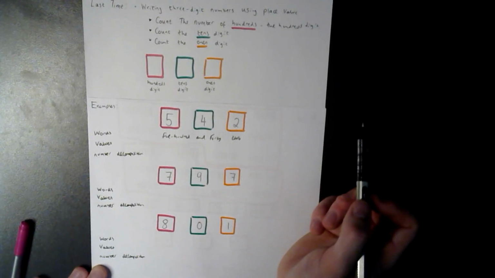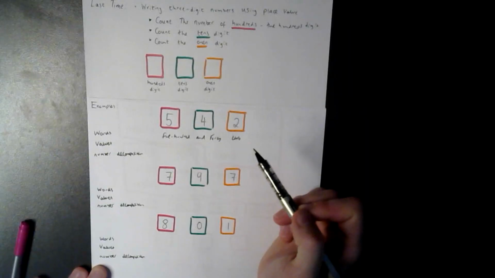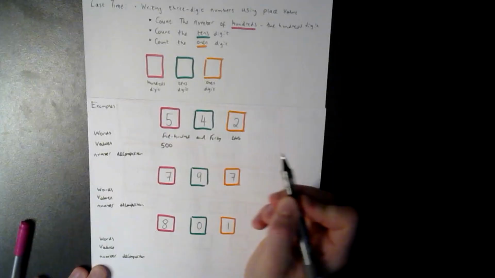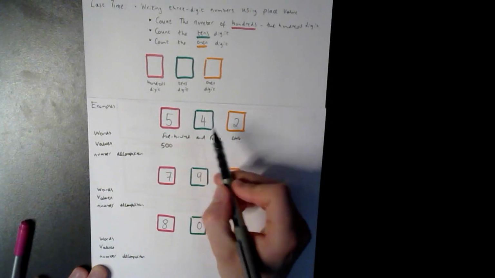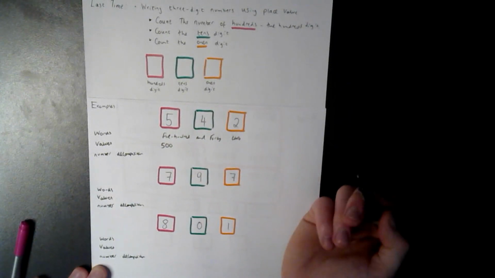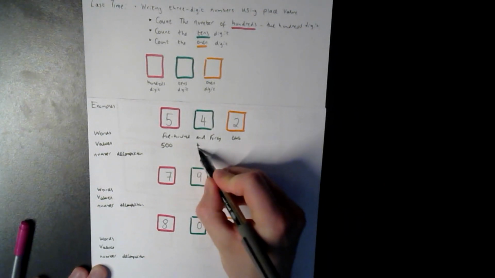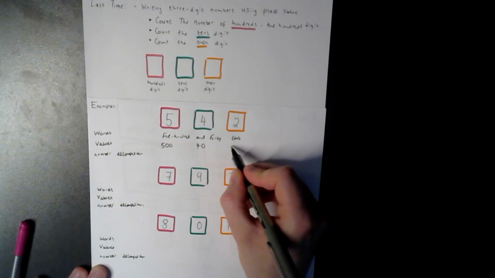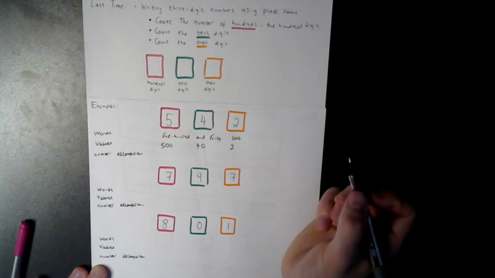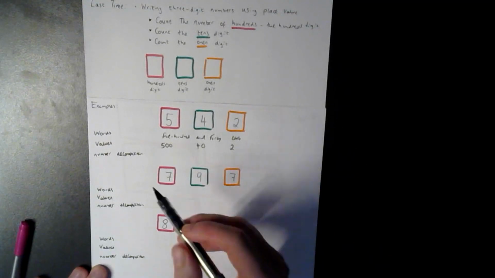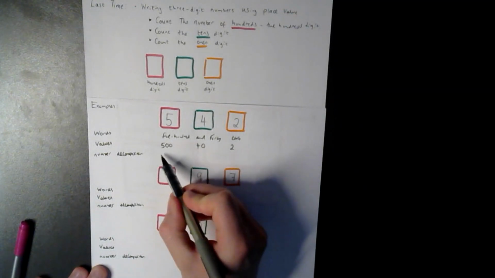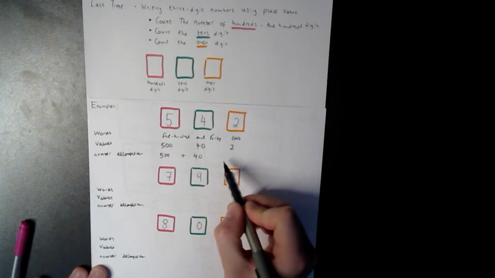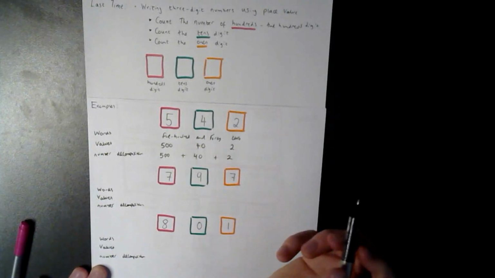Thinking about the values, we have 5 in the hundreds digit, so that would be 500, and then 4 in the tens digit, so that would be 4 tens, or 40, and then 2 ones, so it'd be just 2. And so our number decomposition of 542 would be 500 plus 40 plus 2.